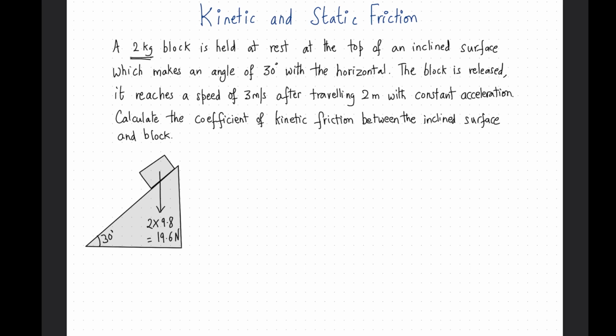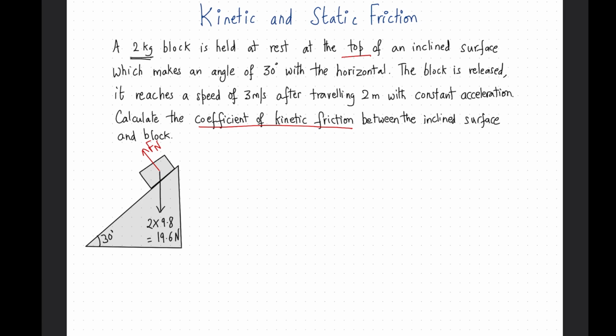And then there will be Fn, that is a normal force which will be acting perpendicular to the surface. And because it's sliding down, we can see that it's held at rest at the top of the inclined plane, and when you leave it, it's definitely going to go down. And there's friction on the surface. That's what they are asking us to calculate, coefficient of kinetic friction.